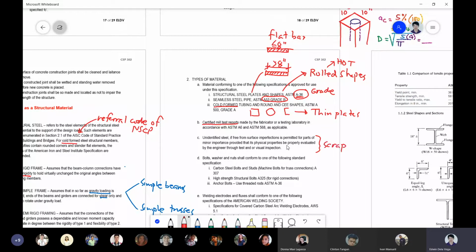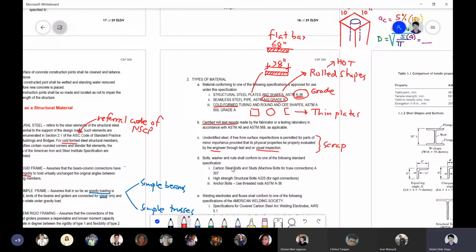Okay, so you can reuse them for as long as you can justify that they are physically qualified, or they are physically fitted to be used as per evaluation of an engineer. Okay, through test or maybe through visual inspection.